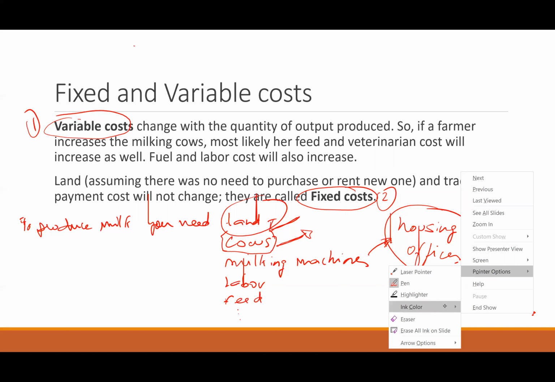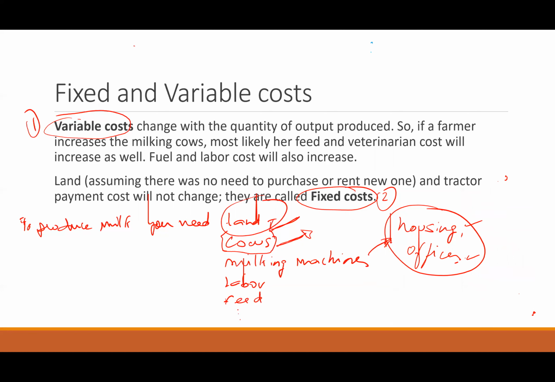So if I'm producing corn, for example, I will have to deal with seed, land preparation, fertilizer, etc. If I don't produce corn, all those costs will not happen because I'm not producing. So the variable costs are all the costs that result from a production process.